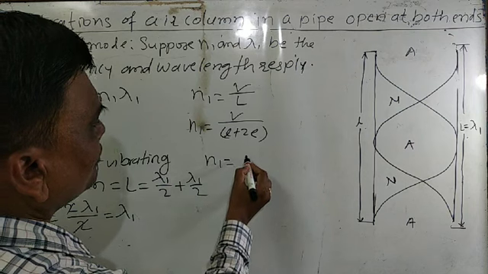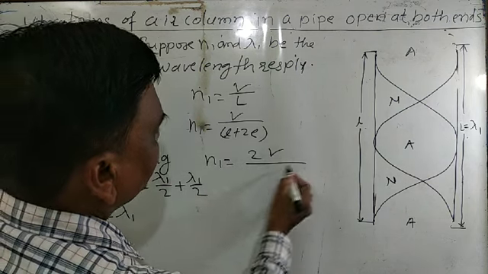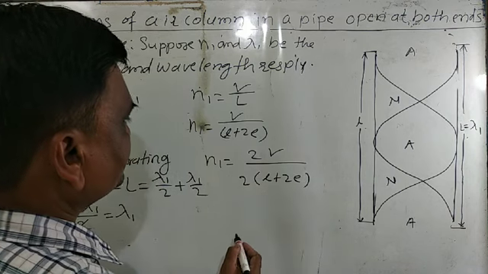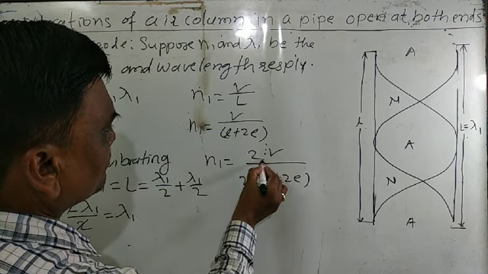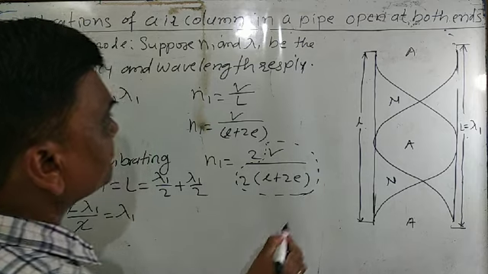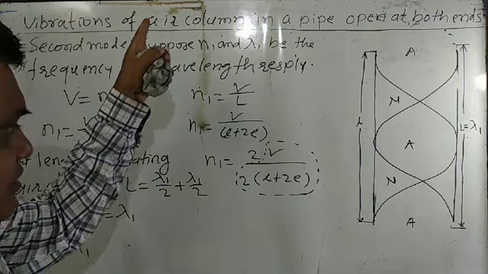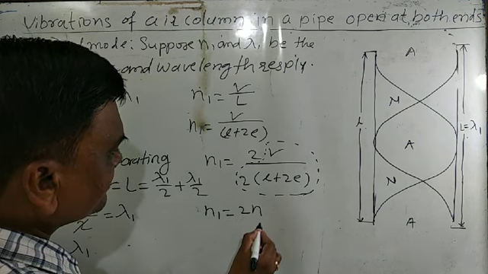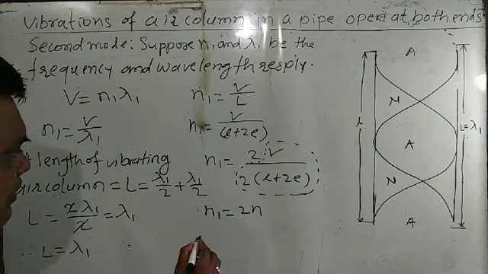Therefore N1 equal to twice V by twice L plus twice E. But we know that this equals N, the fundamental frequency in the first equation, so N1 equal to twice N. N1 equal to twice N.